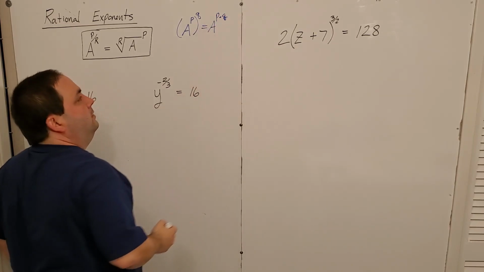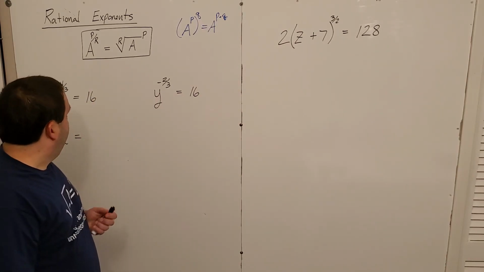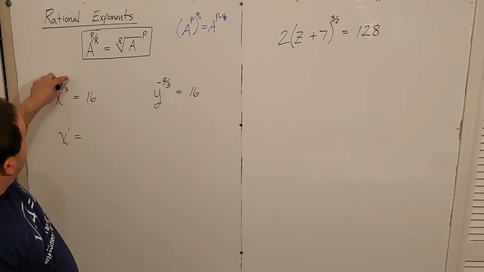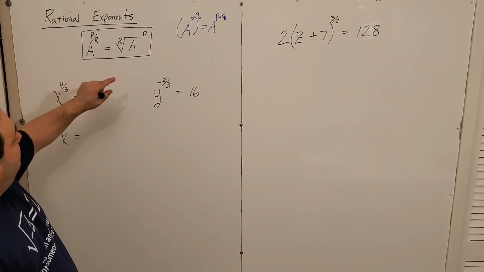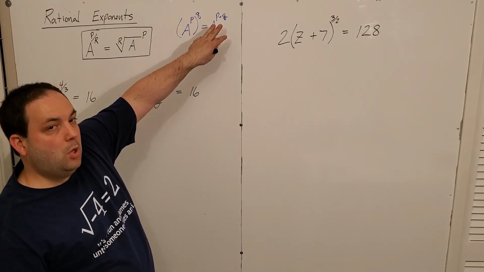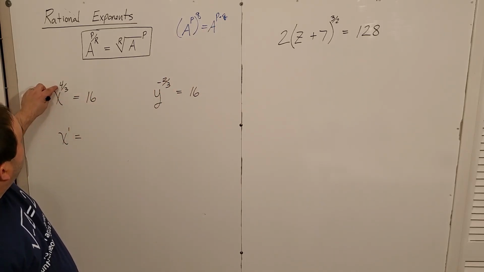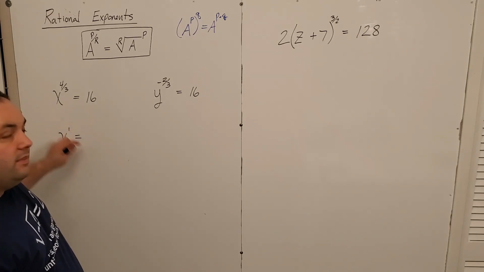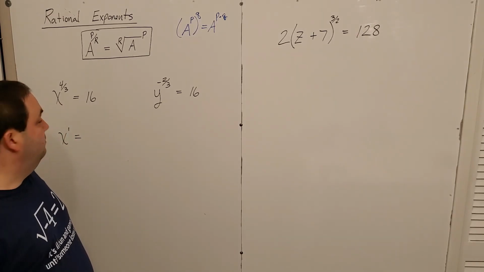Okay? So right here, I can actually use that to my advantage. I'm going to raise this to some power, and then that's going to cause the two exponents to multiply. So if I can think of something that when I multiply by 4/3, I get 1, then that's the power I'd want to use, right?